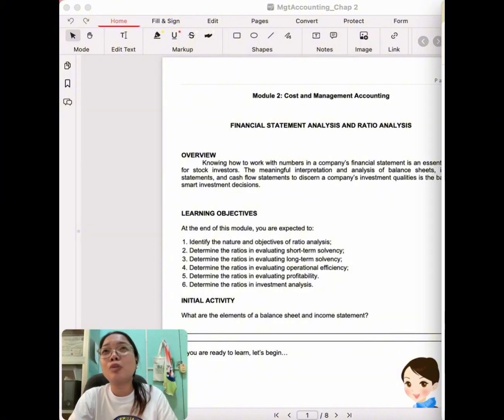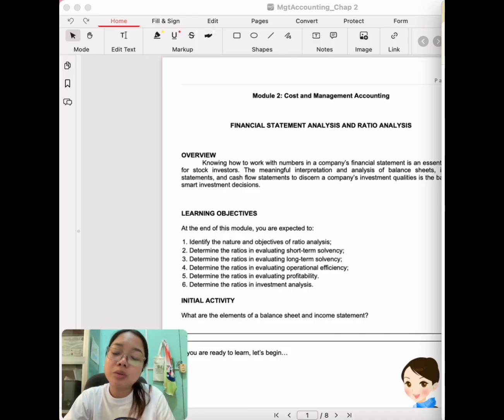Or yung company ba na yun, are they able to pay its short-term obligations? Or is it earning enough profit? Or is it using its assets efficiently? Or from the investor's perspective, is the company worth investing in?